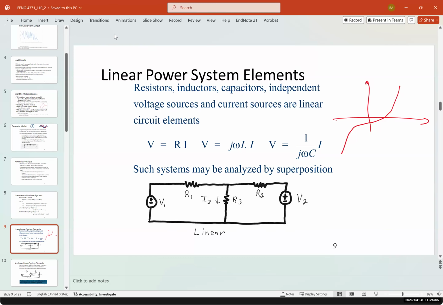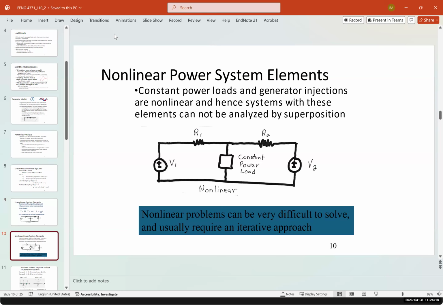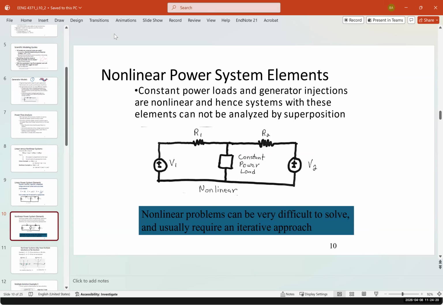If I have an ideal diode, you can say in this little part it's linear, but in the other parts you have a nonlinear side. So a diode is an example of a nonlinear element. Another example is constant power loads and generator injections. These are nonlinear, and hence systems with these elements cannot be analyzed by superposition.